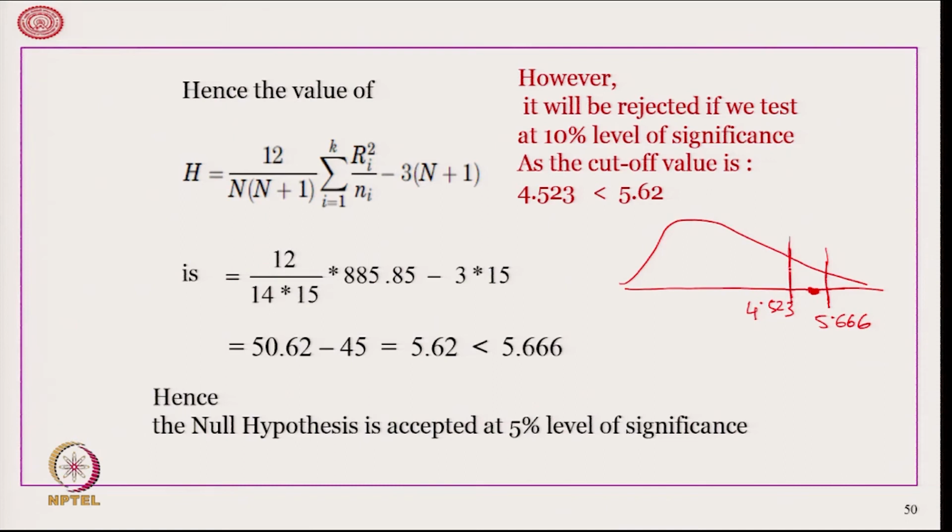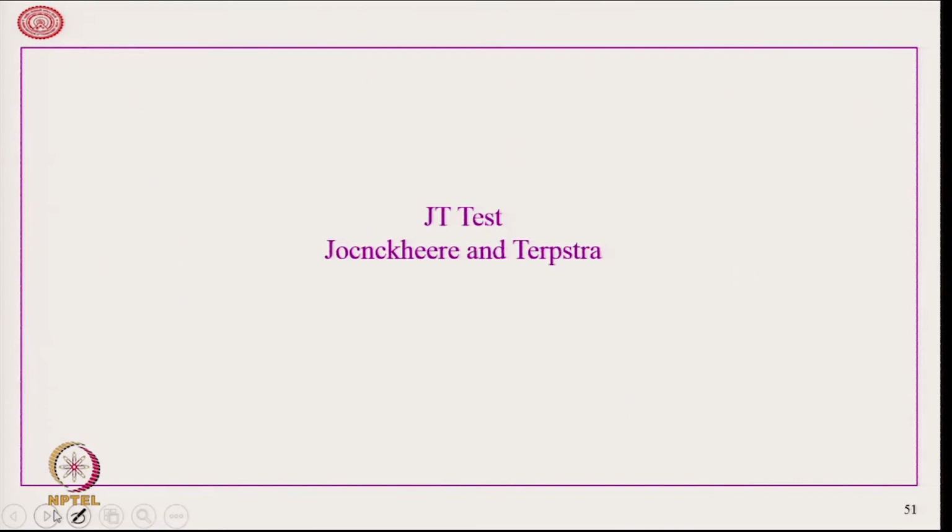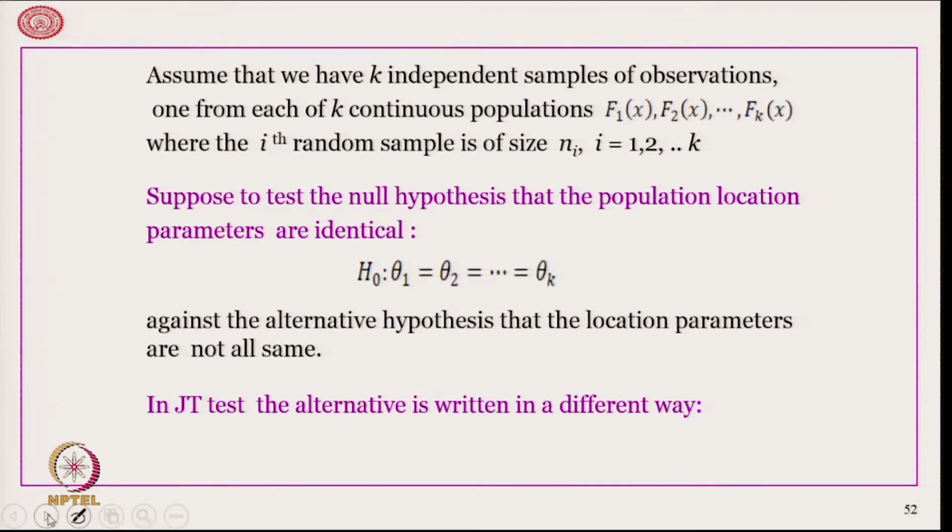but we can reject the null hypothesis at 10% level of significance. Let me now talk about another test which is called the JT test, named after these two scientists. It is similar to Kruskal-Wallis, but there is a difference in the treatment of the alternative. So, the setup is the same.